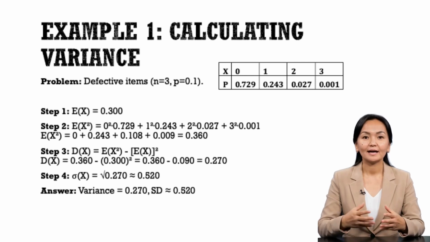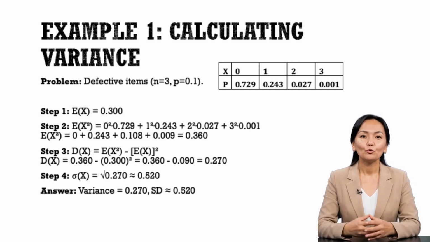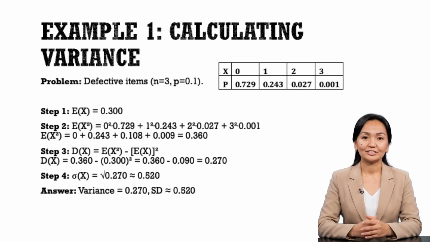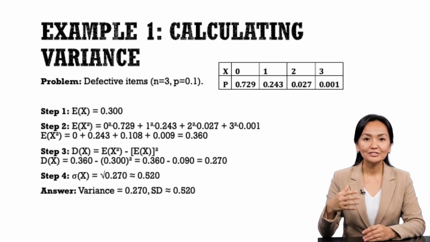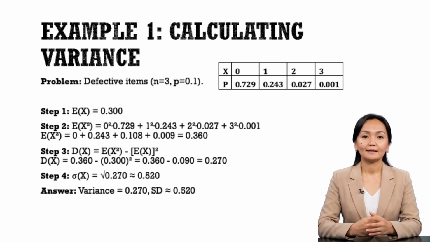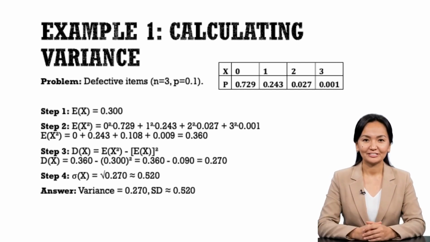This is 0 squared times 0.729 plus 1 squared times 0.243 plus 2 squared times 0.027 plus 3 squared times 0.001. 0 squared times 0.729 is 0. 1 squared times 0.243 is 0.243. 2 squared is 4 times 0.027 is 0.108. 3 squared is 9 times 0.001 is 0.009. Adding these gives us 0.360.